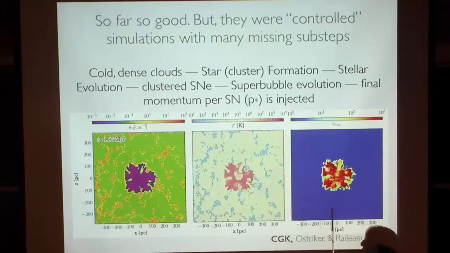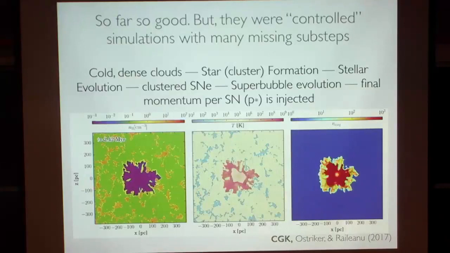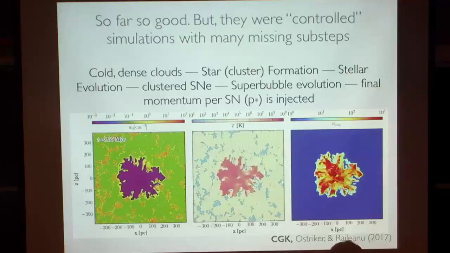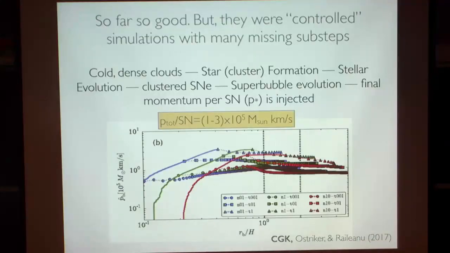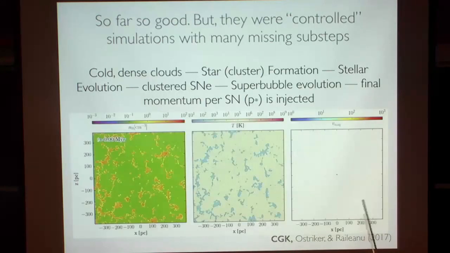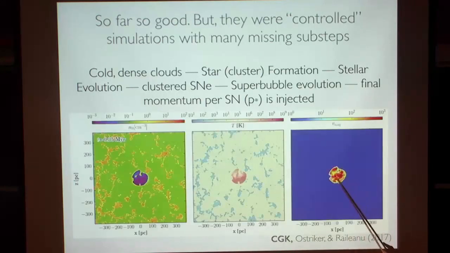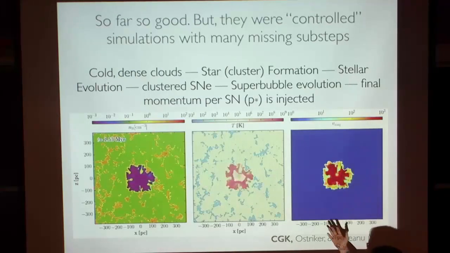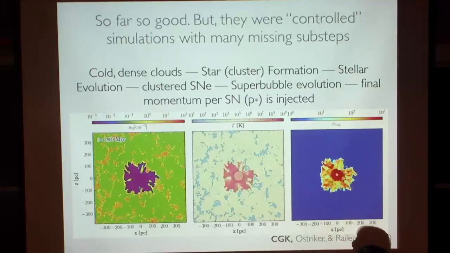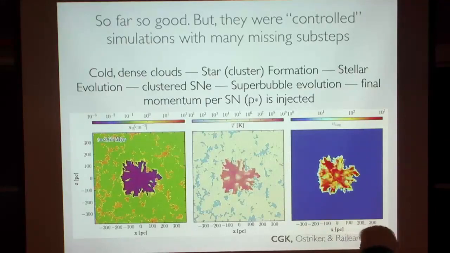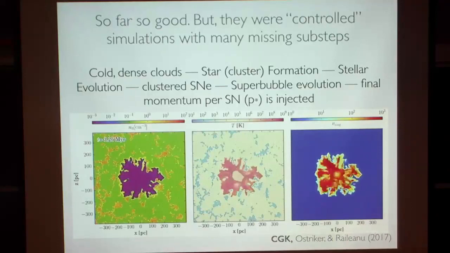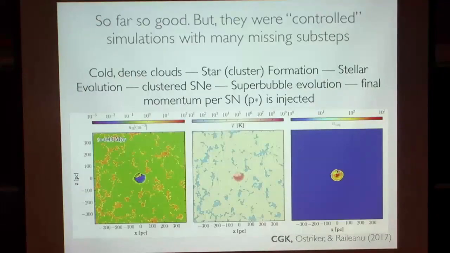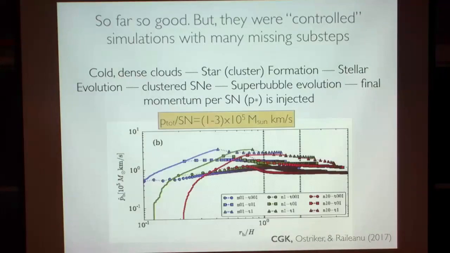It will make a superbubble due to the multiple supernova events, and then the final momentum per supernova is injected, which may be different, but fortunately, with multiple supernovae you can think of this as each supernova event. This is a quite simple test simulation, a toy model with some constant interval, but we can infer lots of things from it.